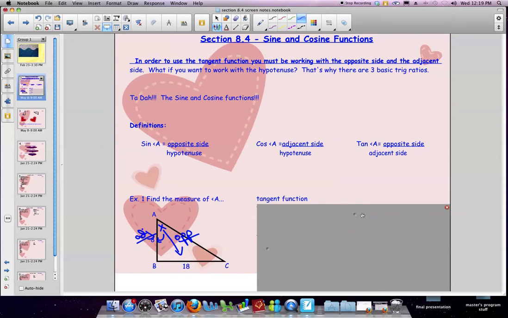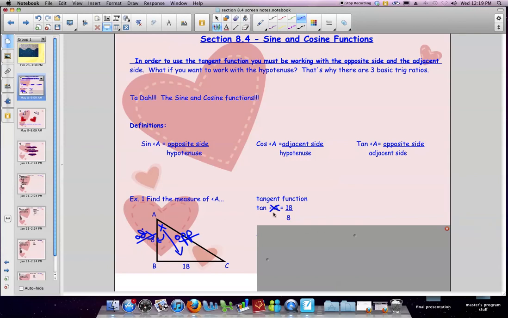So I'm going to set this up, just a quick review from yesterday's lesson. I'm going to put the angle A, which is my x value. I can certainly make this an x, equals, and I put the opposite side, which is 18, over the adjacent side, which is 8.